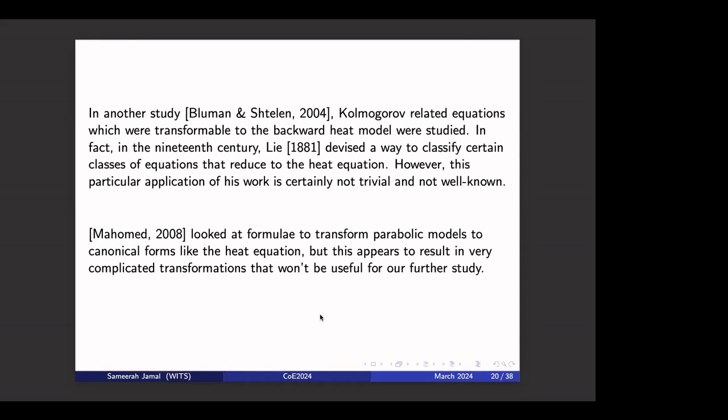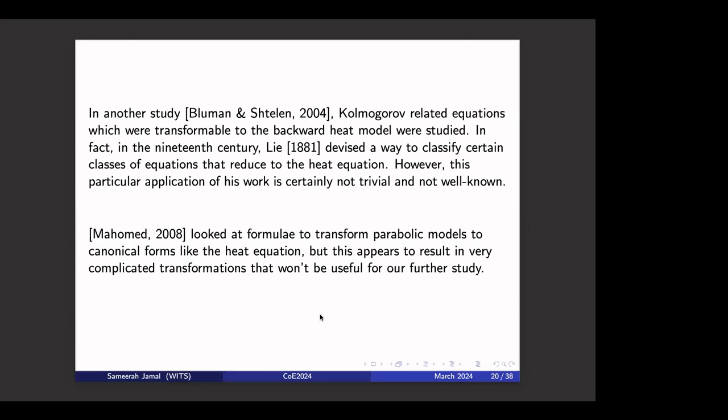And a lot of these formulas result in very complicated transformations that are difficult when you have boundary or initial conditions. At least that is what we found. We tried this approach, and we found it quite complicated to get around.